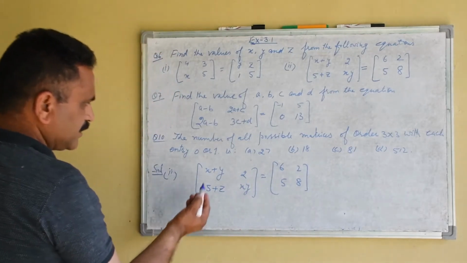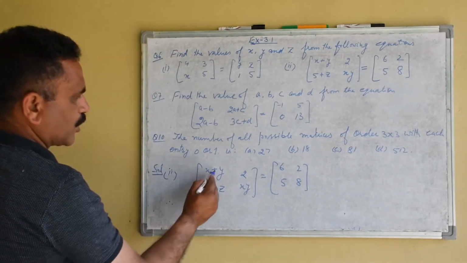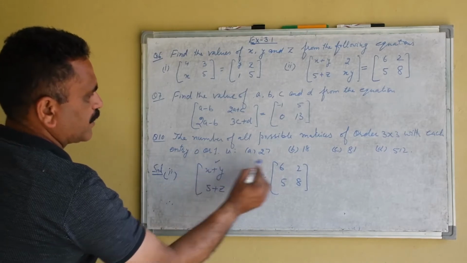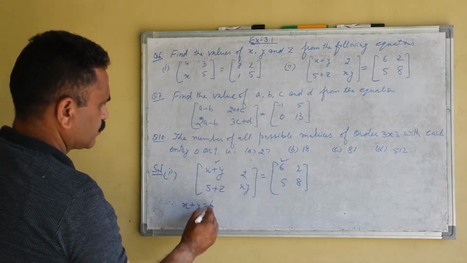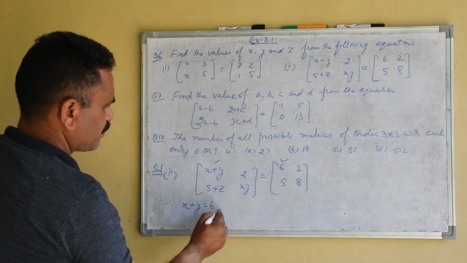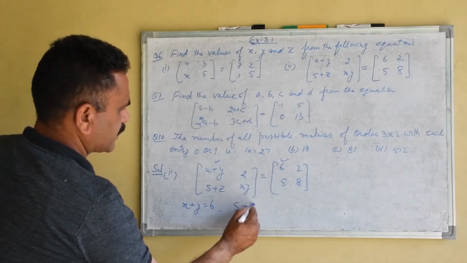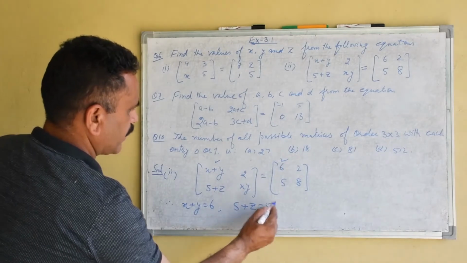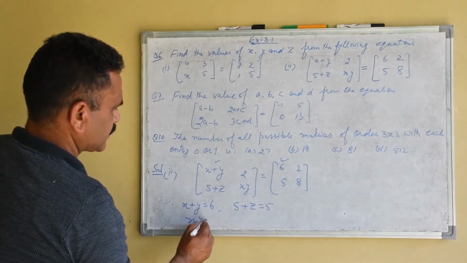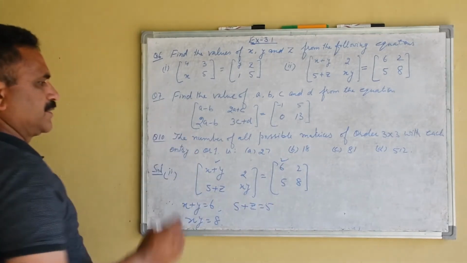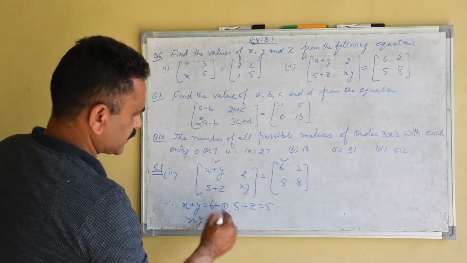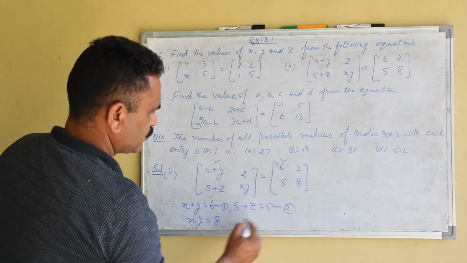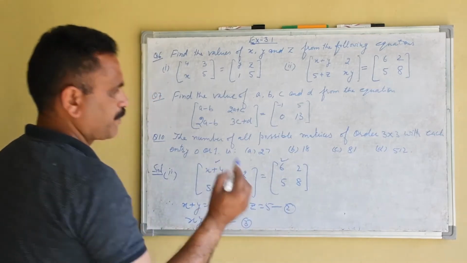So again, corresponding elements: x plus y is equal to 6, 2 is equal to 2. Second, 5 plus z is equal to 5. Third, xy is equal to 8. So we can also number these equations: this is 1, this is 2, this is 3.